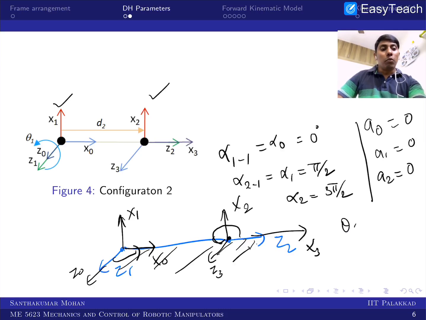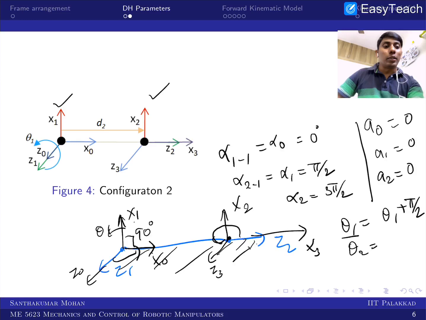Whereas theta 1 is variable, I call theta 1 a variable, and for theta 2 there is an angle. Even for theta 1, you can see x0 to x1 is 90 degrees, plus there is a variable called theta 1, so this is theta 1 plus pi by 2. Theta 2: you can see x2 and x1 are parallel with respect to z2, so that is 0.